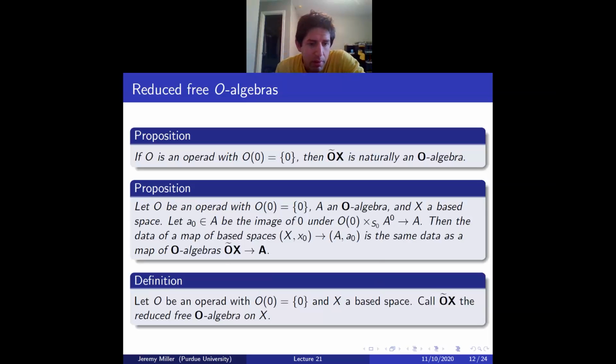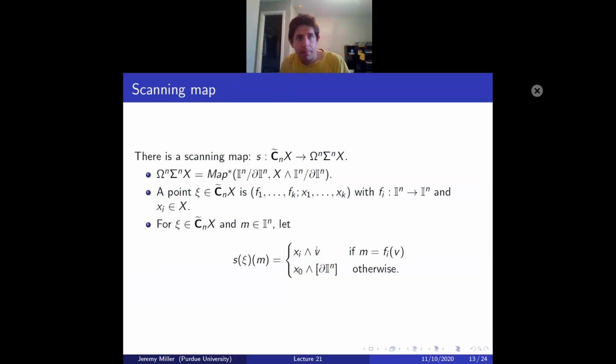I'm calling it the reduced free O algebra, or maybe a better thing would be to call it the free O algebra in the category of base spaces. So it satisfies the correct diagram for being a free algebra in base spaces. Okay.